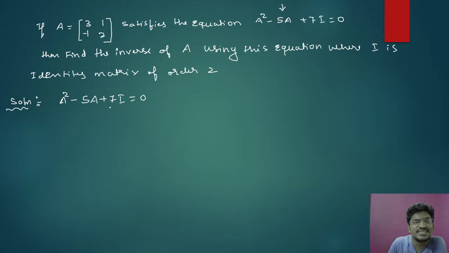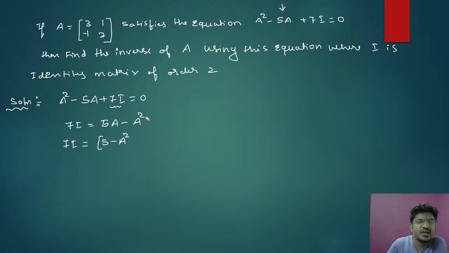Let 7I be here only, I will take A square minus 5A on this side. So that will be 7I equal to 5A minus A square. Now 7I will be equal to, you can take A common, so that will be 5 minus A, into A. Clear?